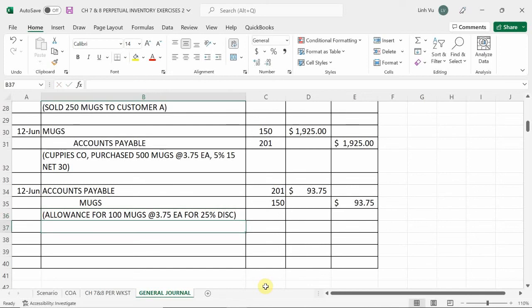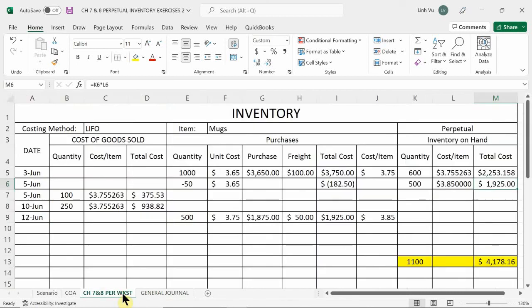So that means I have to update my second batch of inventory, because now in that inventory, 100 of those mugs are discounted.